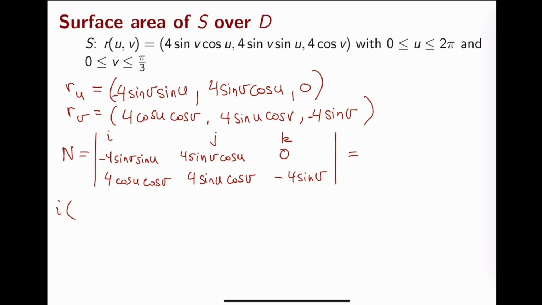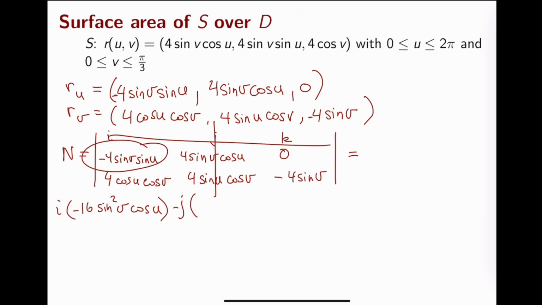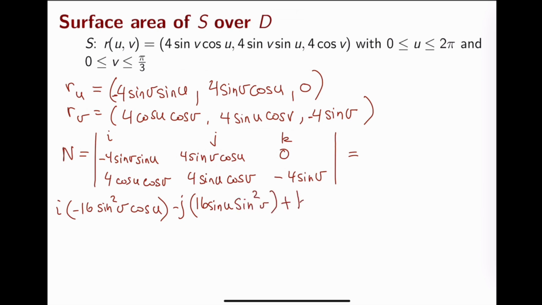In this case, the other is 0, so this is minus 16 sine squared of v cosine of u. And then minus j, we eliminate this times this, the other one is 0. Sine of u, sine squared of v. And plus k, when we eliminate this, we have this minus this.